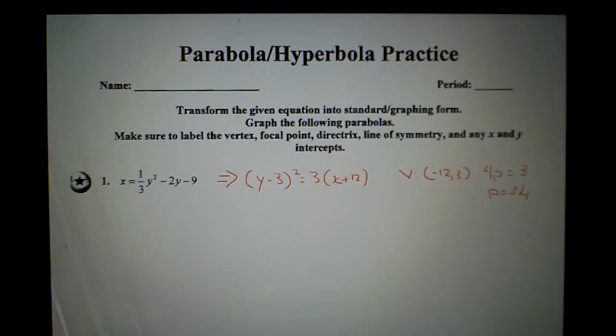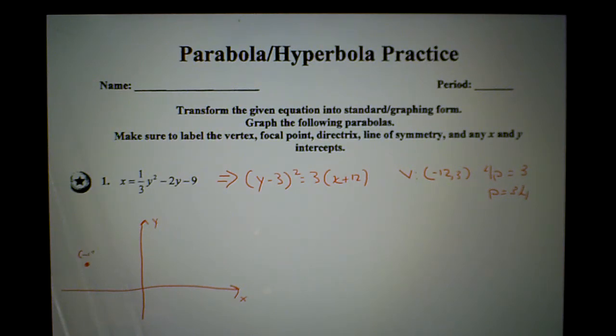So to graph, I'm going to say my vertex is at negative 12 and 3.